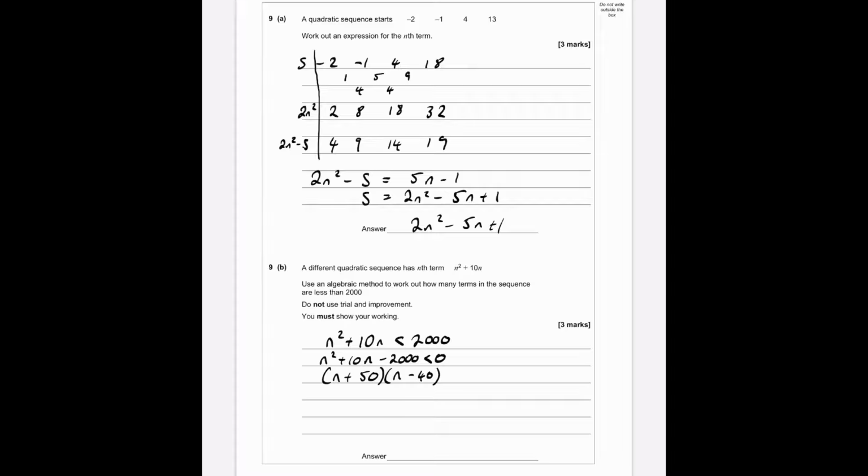You could have completed the square. You could have used the formula to find our critical values. I've just factorized: n plus 50, n minus 40 is less than 0. Obviously n cannot be negative here, so our critical value is less than 40, and therefore that's going to be 39 terms as our value for n.